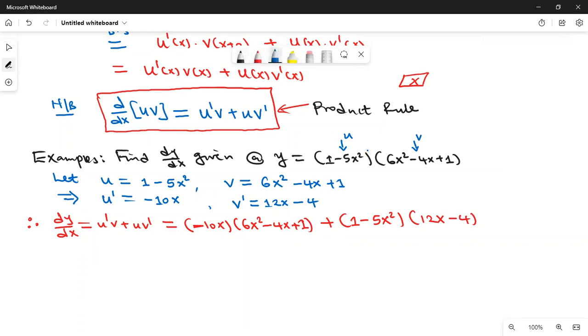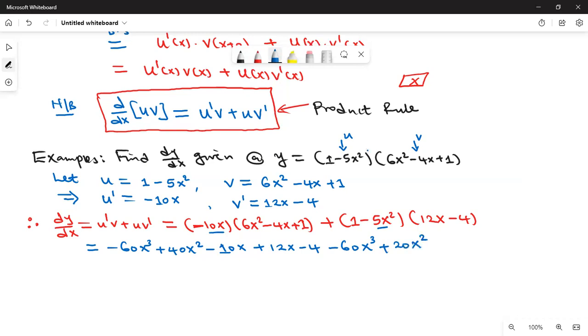So when we simplify this, let me open the bracket. We start by multiplying by negative 10x, so that will give us negative 60x cubed plus 40x squared minus 10x. The other one will be, when I multiply by 1, we get 12x minus 4. And then when I multiply by negative 5x squared, we get negative 60x cubed plus 20x squared.